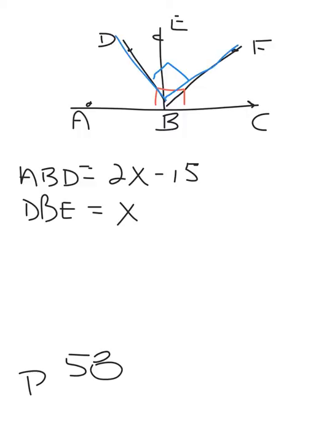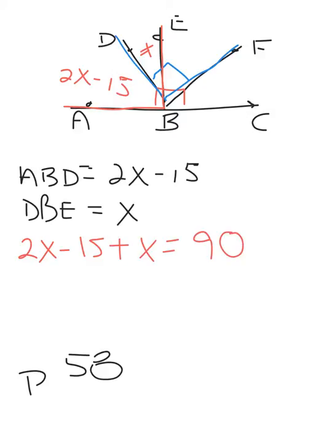Okay, so it's saying that ABD is 2x minus 15. So that's right here. And DBE is x. That's right there. And they need you to find the value of x. So based on the information that you've been given, this is 90 degrees. So we have to do 2x minus 15 plus x equals 90, because both of those added together will give you 90.